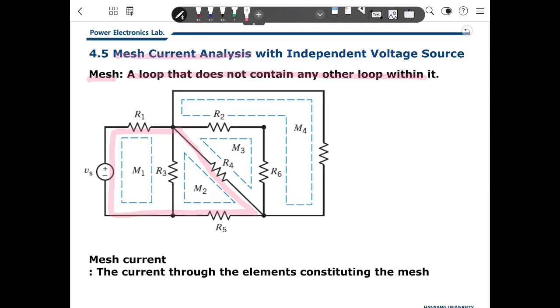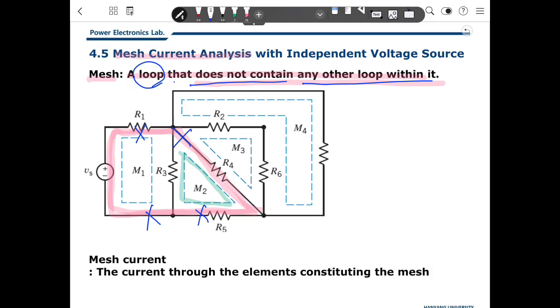That's a mesh, but when you use mesh current analysis, the rule is to define the mesh so that it does not contain any other loop in it. If you design that to be a mesh, then in it there will be another loop here. So that will lead to problems. So in this case, we do not call this a mesh. Mesh is defined only as a loop that does not contain any other loop.